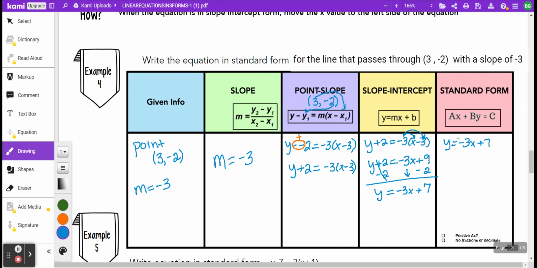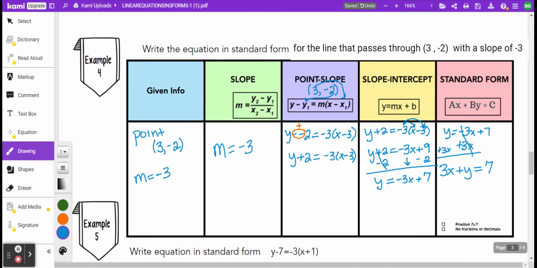So to get this minus 3x to our other side, I need to do the opposite. And in this case, add 3x to both sides of that equal sign. So we keep my positive 3x plus y equals 7, since my negative 3 and positive 3 cancel out.